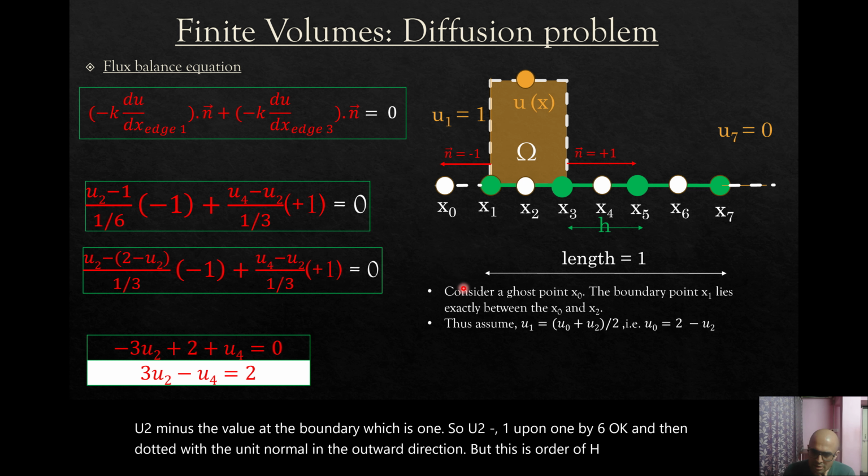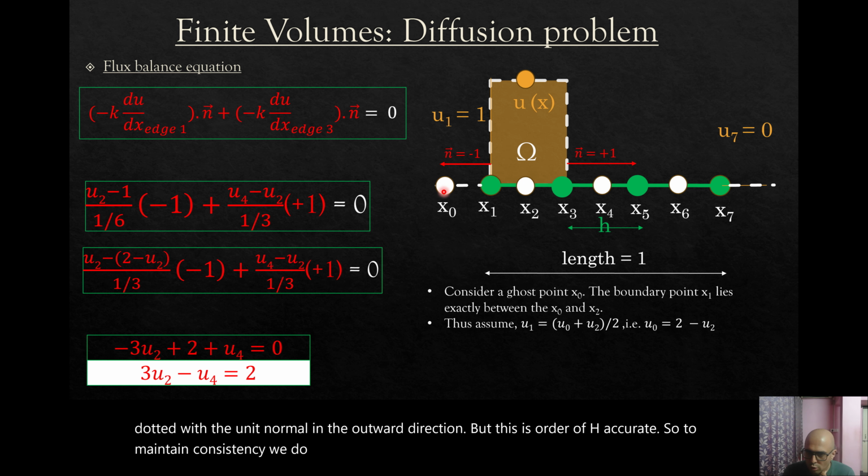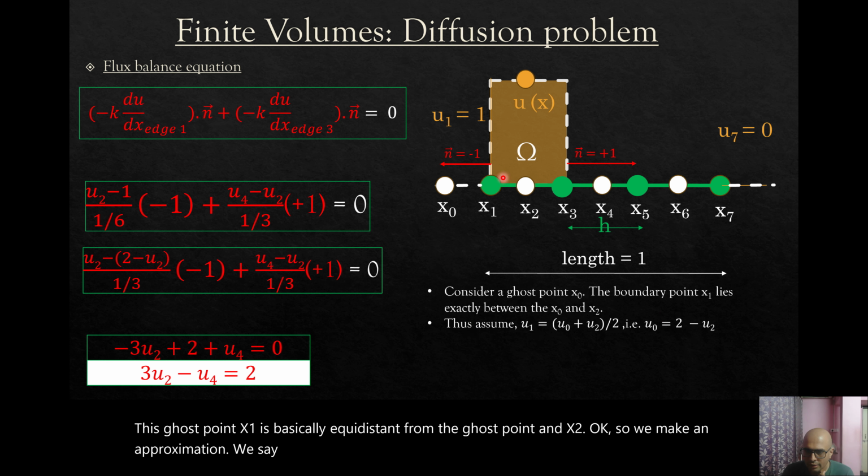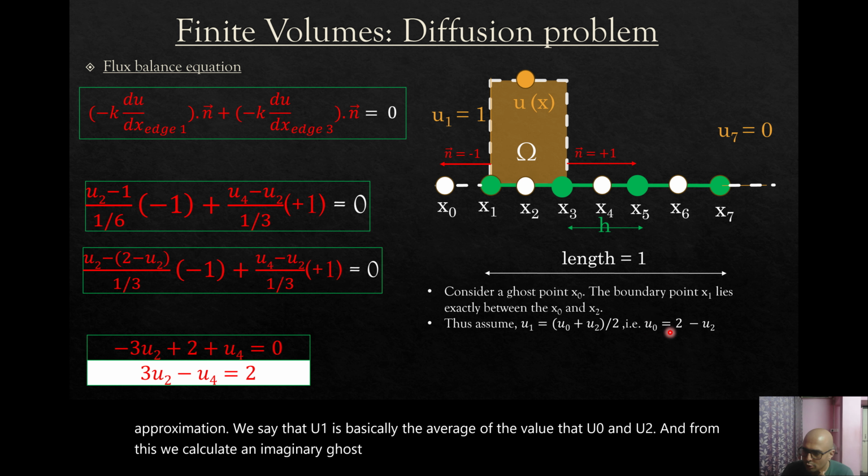So to maintain consistency, we do a manipulation. We consider a ghost point outside, and we say that the point x1 is equidistant from the ghost point and x2. So we make an approximation: u1 is the average of the values at u0 and u2, and from this we calculate an imaginary ghost value, u0 equal to 2 minus u2.